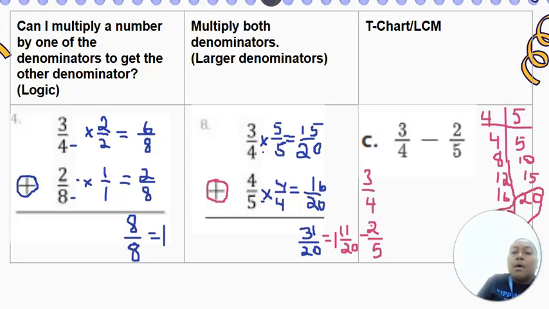Okay, and again, our common denominator will be 20. Let's erase that one a little bit so we can have more room to write our answer. Let's bring it up just a tad.